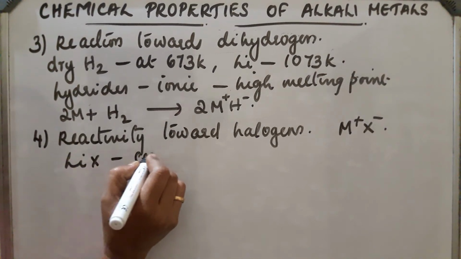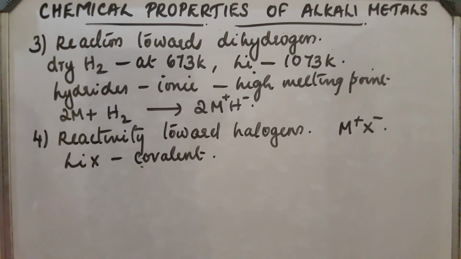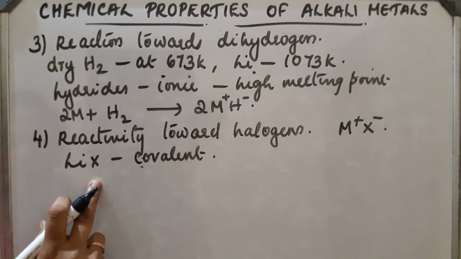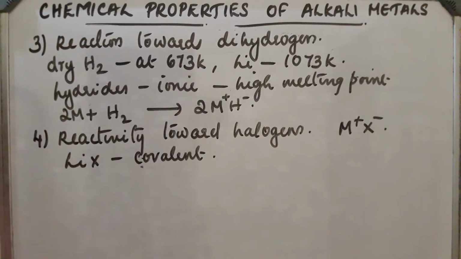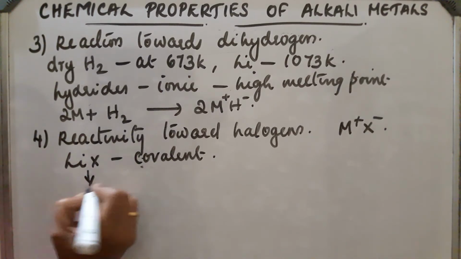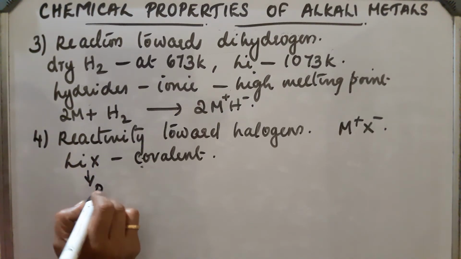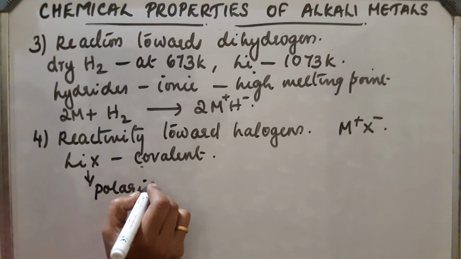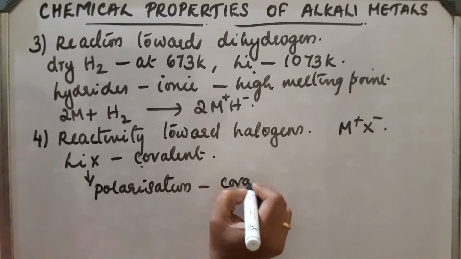Lithium halides are covalent because lithium is smaller in size and halogens are larger anions. Okay, larger in size. So during the formation of lithium halide, the electron cloud will shift more towards the X ions, the halogen ions, and this is called polarization. So due to the polarization, they are covalent in nature.